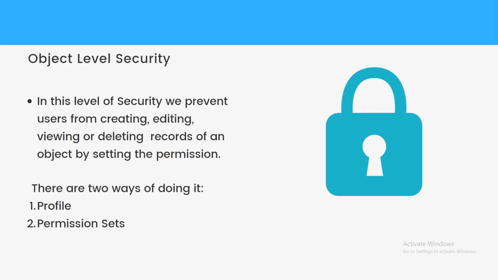You can create a record, you can edit it, you can delete it according to the requirement. And object level security says we can define which user will have access to that object and which user will not have access to the object according to their roles in the company, right?